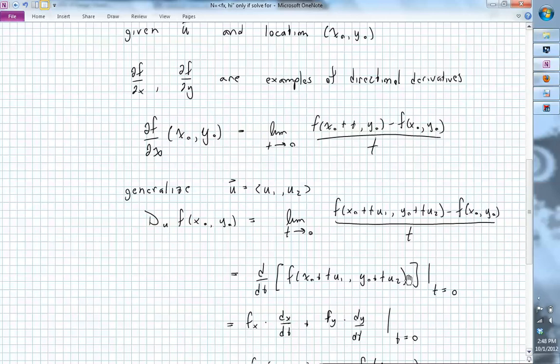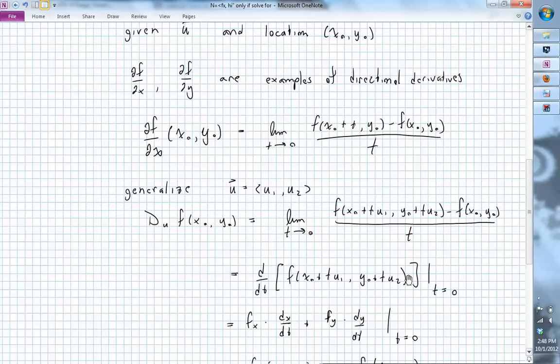What's u1 and u2 up here? What's u1? u1 is 1, u2 is 0. So what's the vector u? 1, 0. And that vector is parallel to the x-axis, right? So that sort of makes geometric sense.